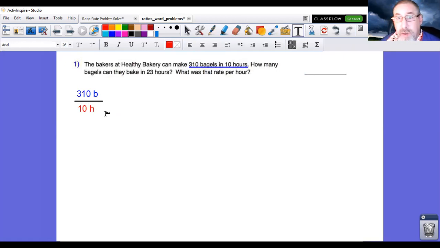And it wants to know how many they can make in 23 hours. We can do this several different ways. We can set up a proportion, which we haven't gotten to yet. This is going to lead us into our proportions. But we can figure out what our rate per hour is. So that would be our unit rate.